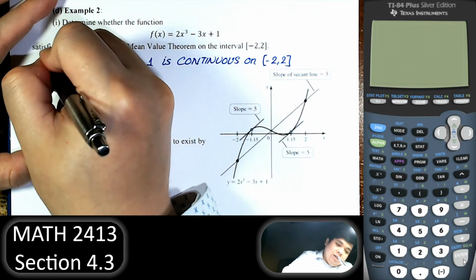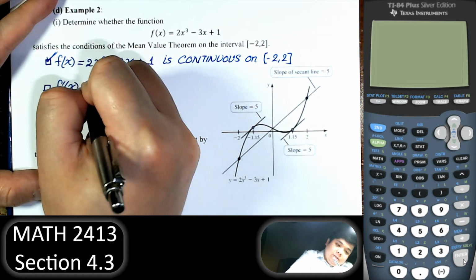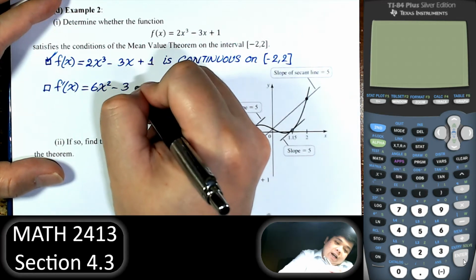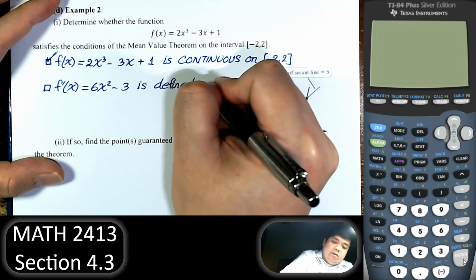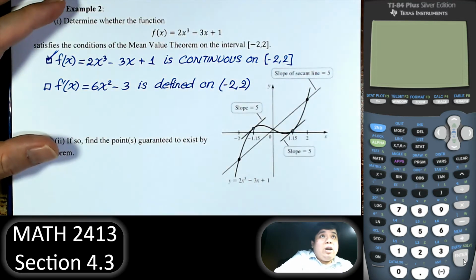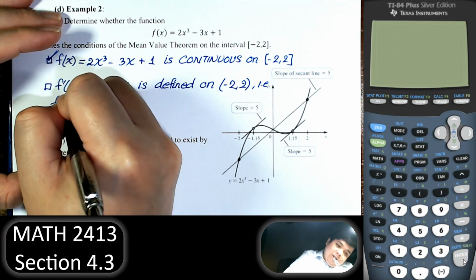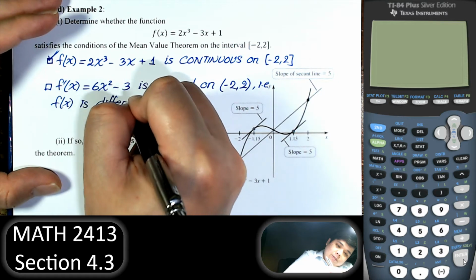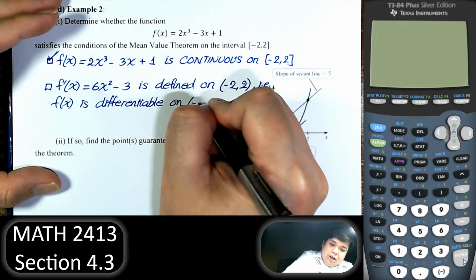Second, the derivative is 6x squared minus 3, and it is defined everywhere, so it is differentiable on the open interval negative 2 to 2.